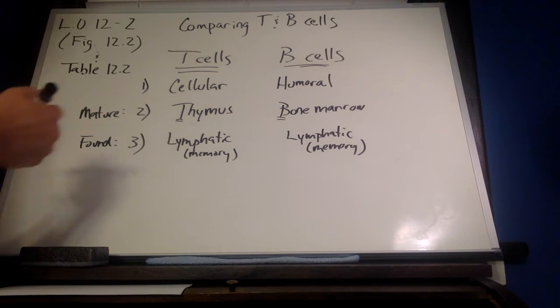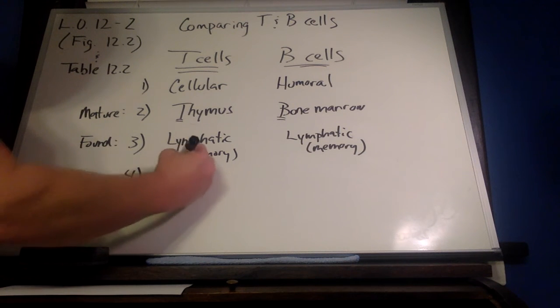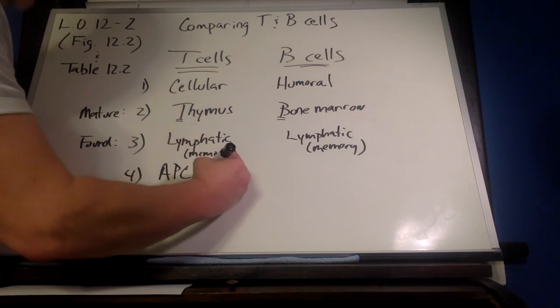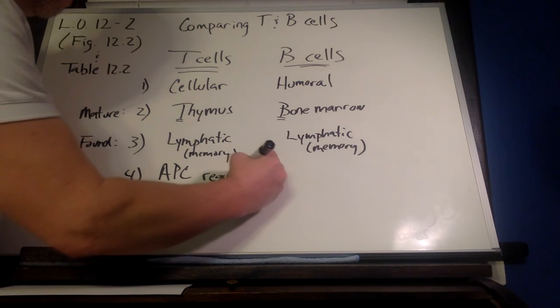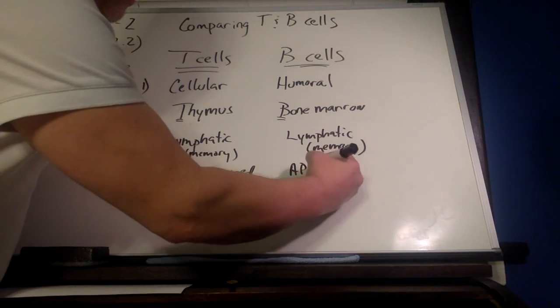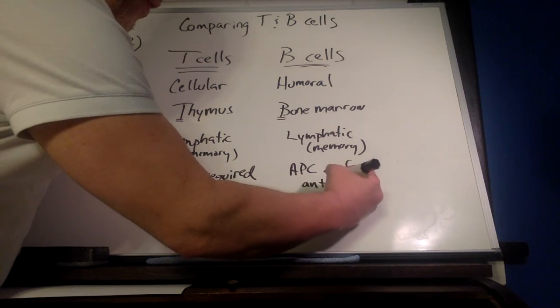We talked about this in antigen presentation. Remember, T cells are going to need an antigen presentation cell, whereas B cells can use APCs or they can find antigens on their own.